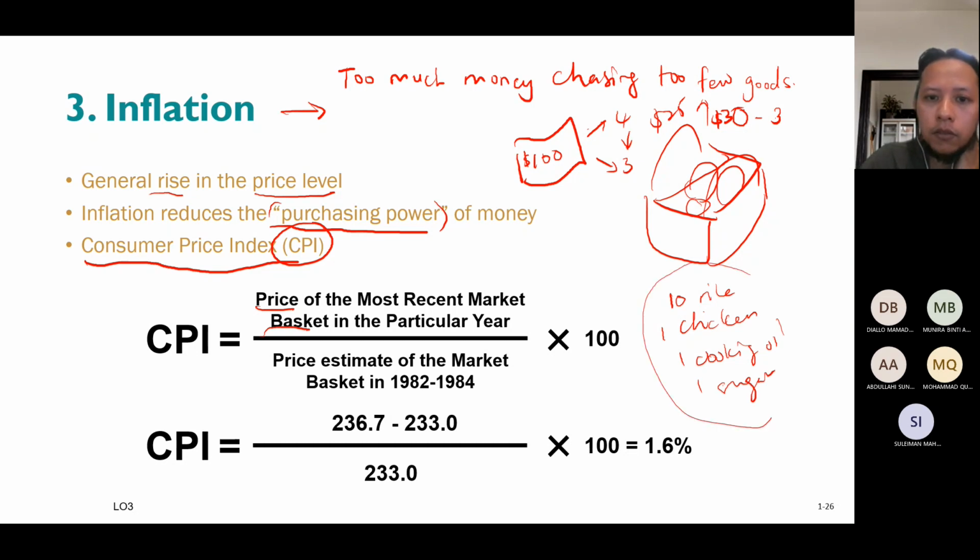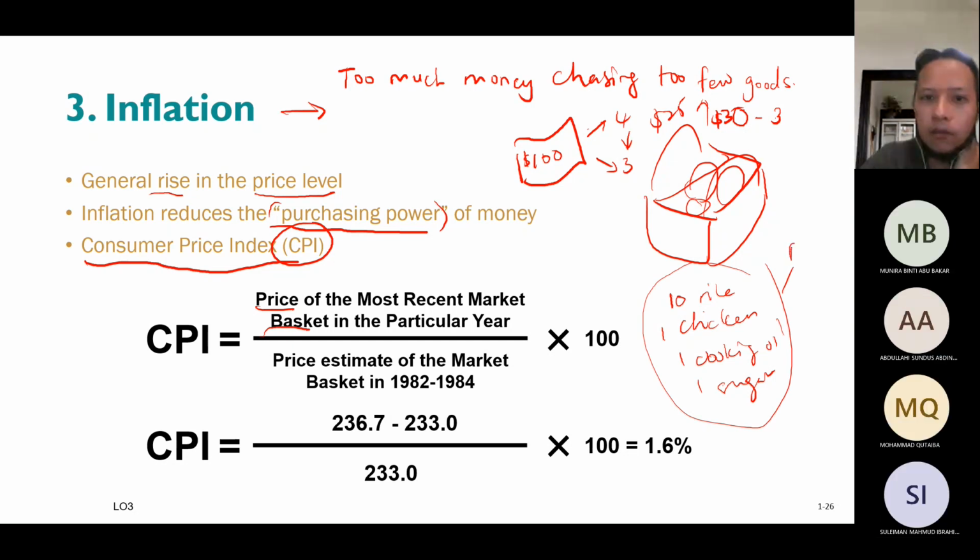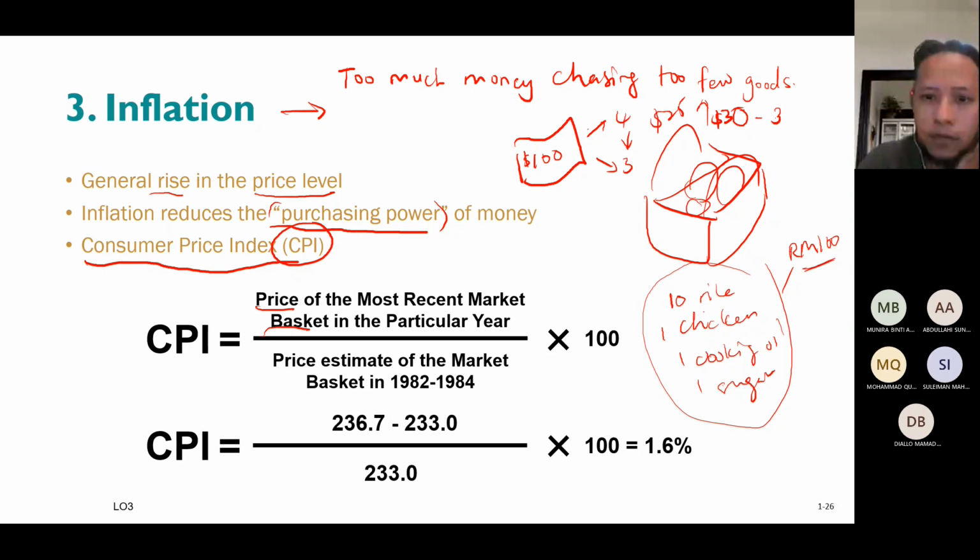Overall, let's say this basket of goods costs 100. This is the price of the basket of goods during, let's say, 2021. So all this costs 100 ringgit.